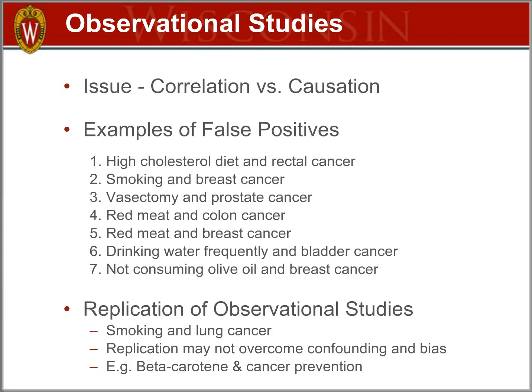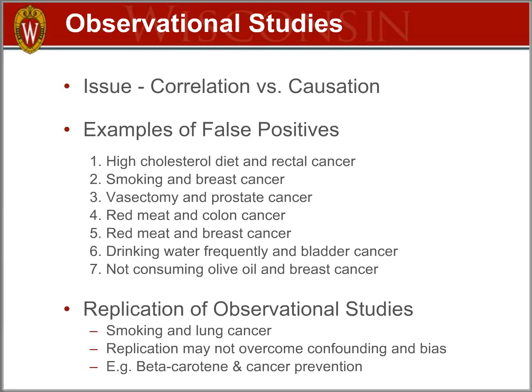There are many observational studies that have suggested therapeutic benefit. But the issue is that correlation is not the same as causation. There are many examples of false positives, that is, associations that were suggested to be the cause, but in fact, with later research, turned out not to be the case.